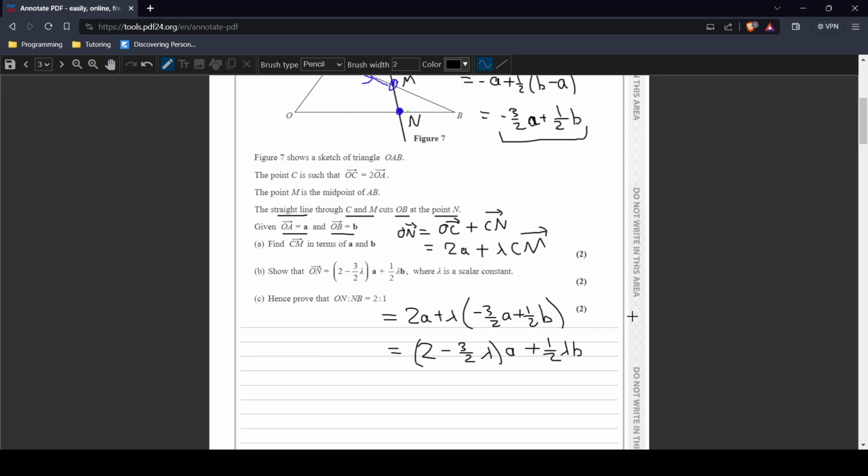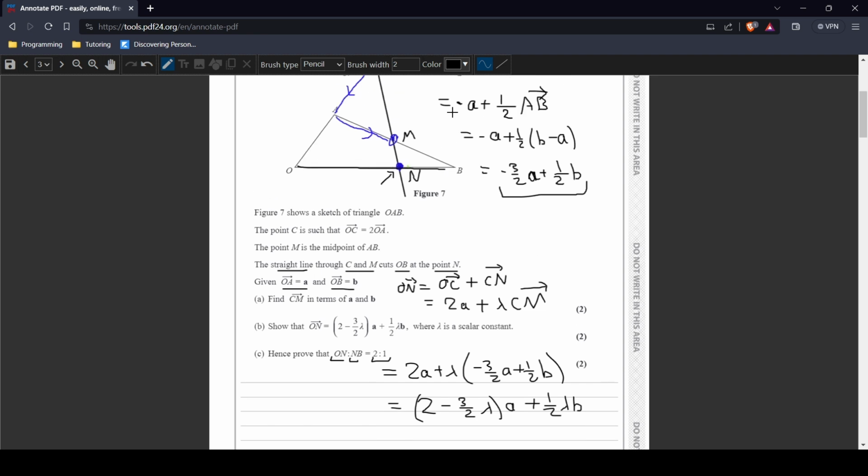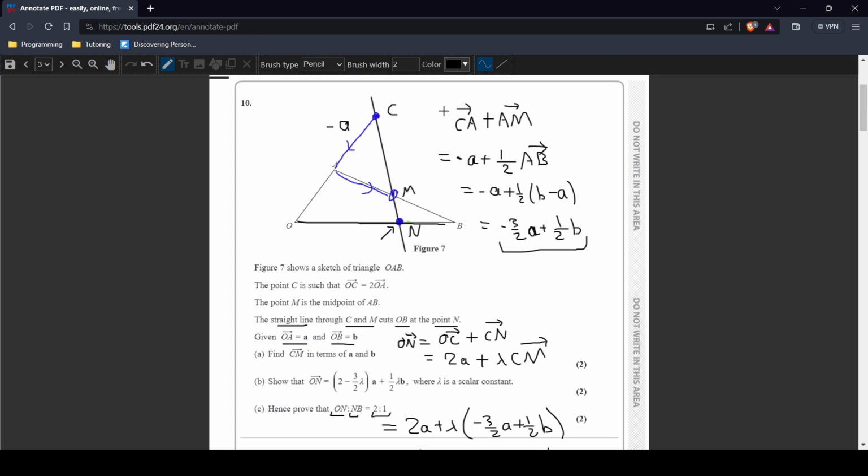Okay, now for part C, hence prove that the ratio of the length ON to NB is 2 to 1. Right, so remember that N, this point here, lies on the line OB. So that means it should have no component of the vector a, because a is pointing in a completely different direction, and the only component that the position vector of N should have is a component of b.